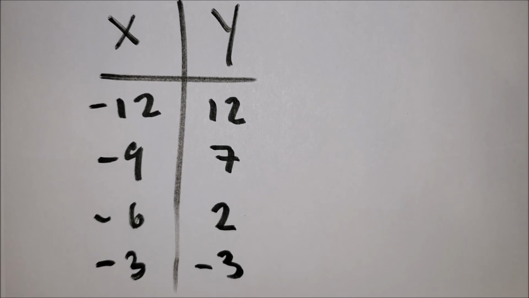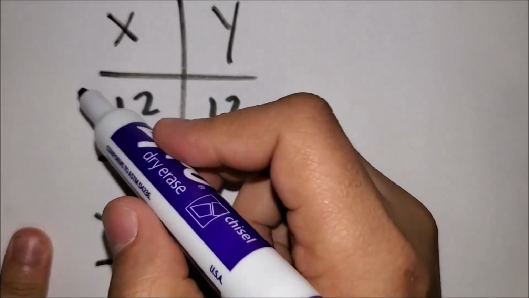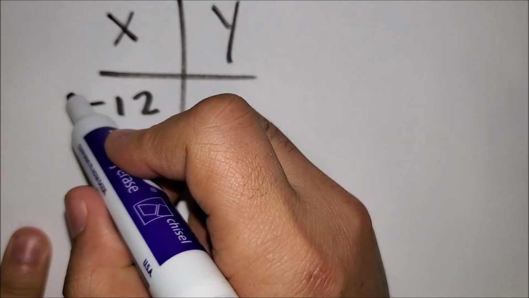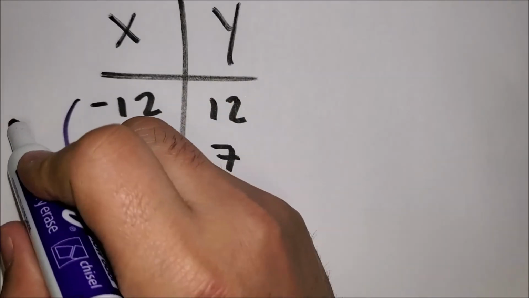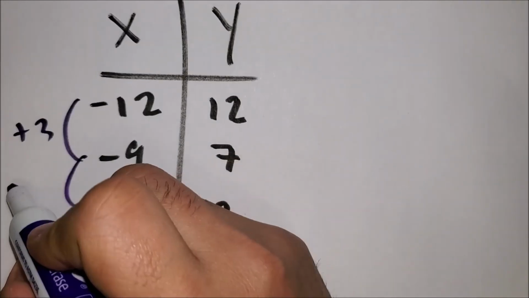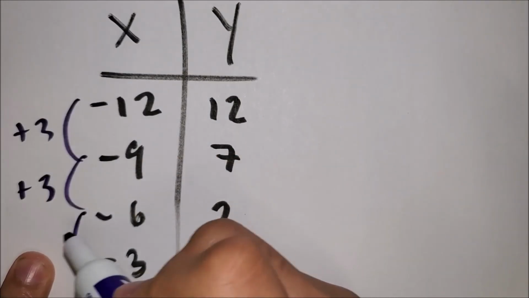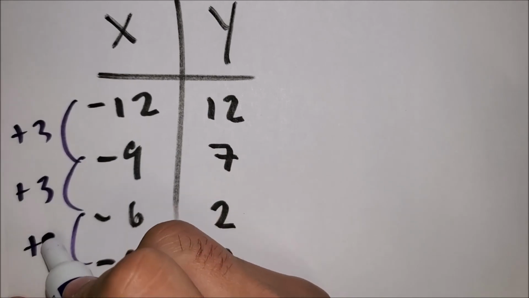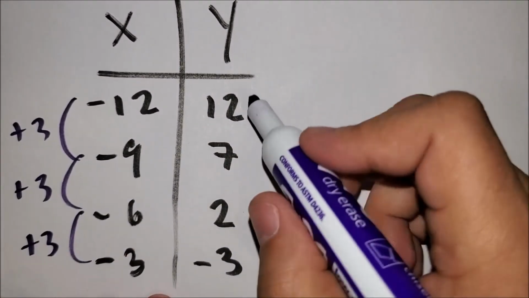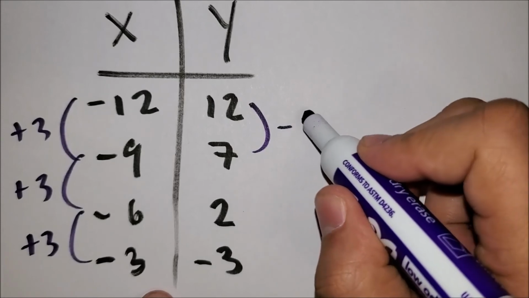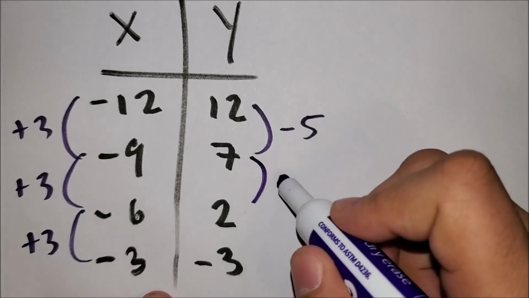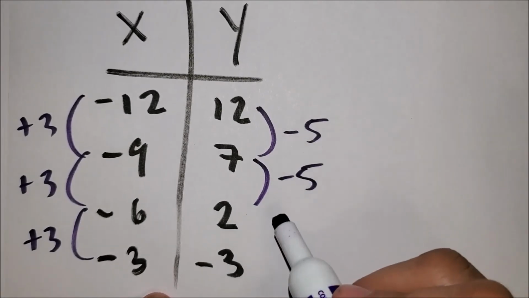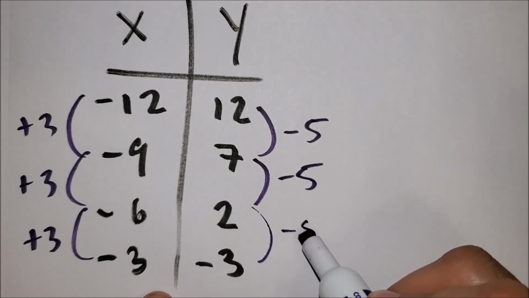So if we look at these, you'll see from here to here, that's a jump of 3. Here, another jump of 3, and here, another jump of 3. From here to here, this is a jump of -5, -5, and another -5.